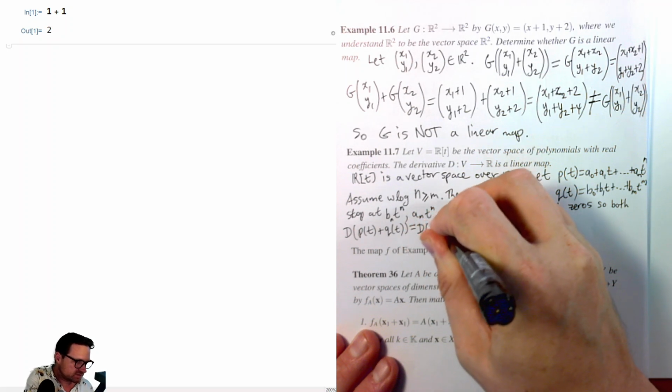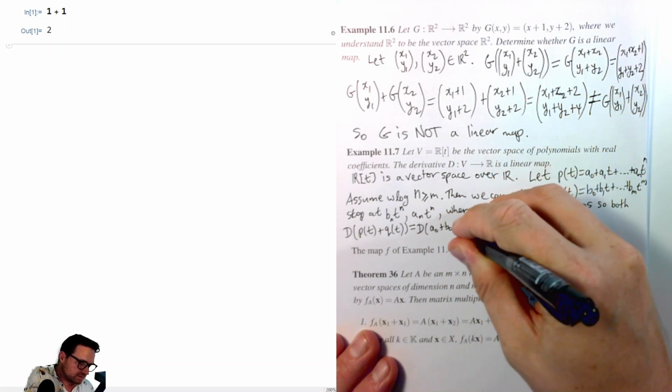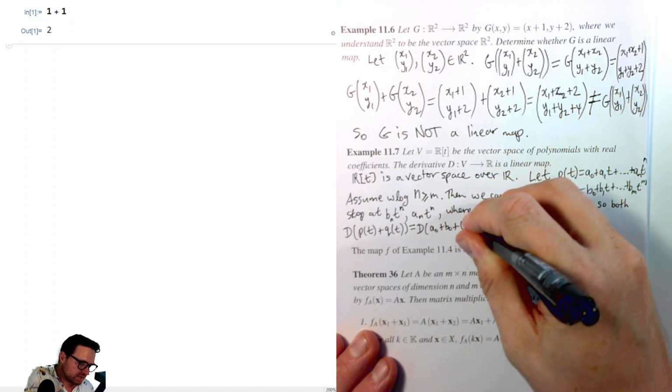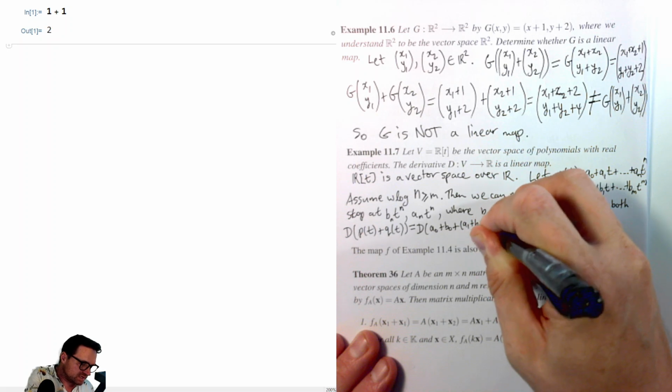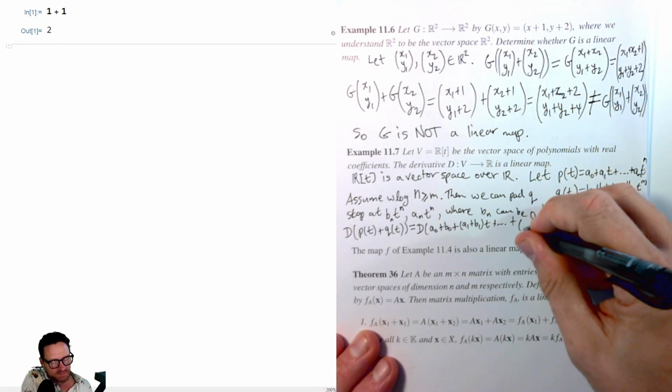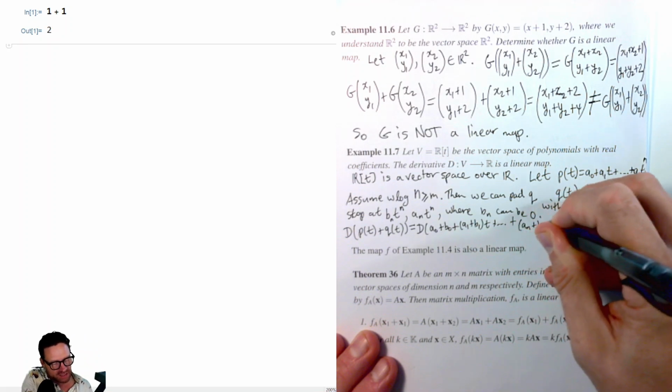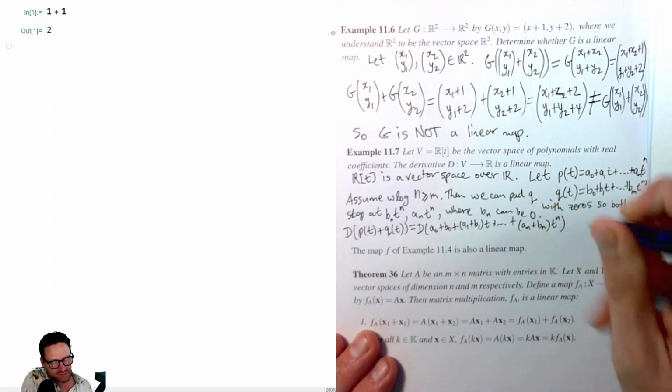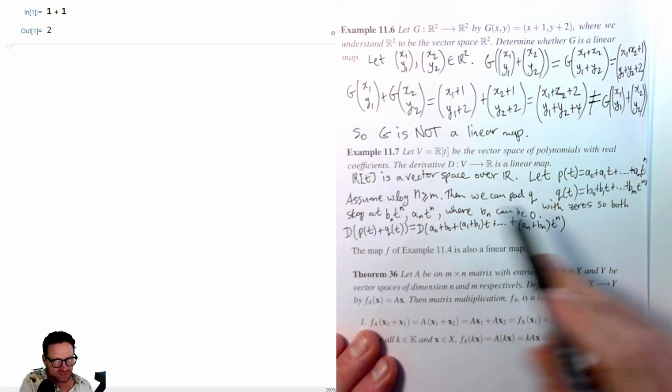We have a0 plus b0, a1 plus b1 times t, and so on, up to an plus bn t to the power of n. Then we apply the map, which is to differentiate.